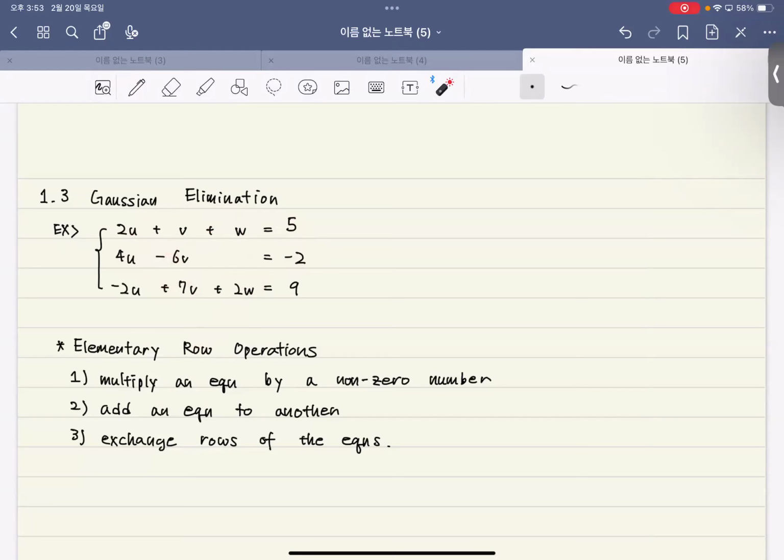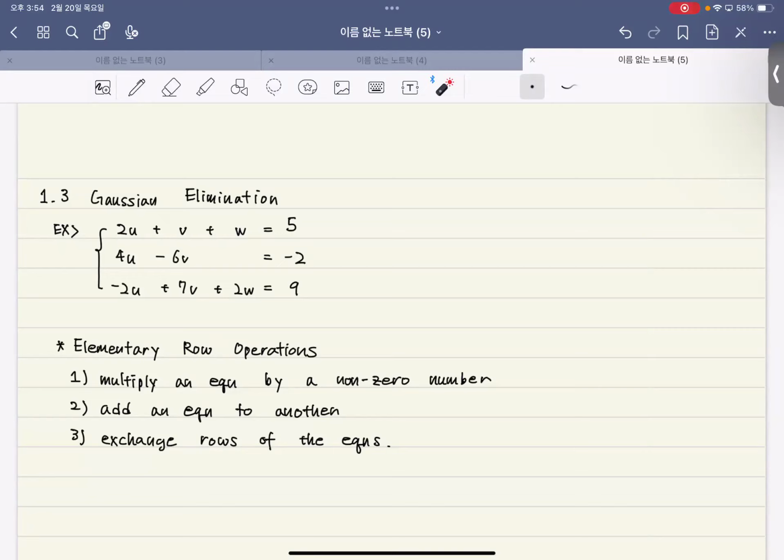And what is the point of all these operations? Most importantly, applying these elementary row operations to the system does not change the set of solutions of the original system.